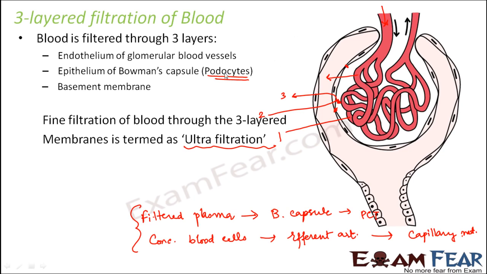Now that gap is created by these podocytes which are arranged in such a way that there are minute gaps or minute pores in between, and these pores are known as slit pores or filtration slits. So through those slits, the filtered plasma actually enters into the Bowman's capsule. So all the components of plasma are filtered except the big RBCs and the proteins. So therefore the left out blood is all concentrated.